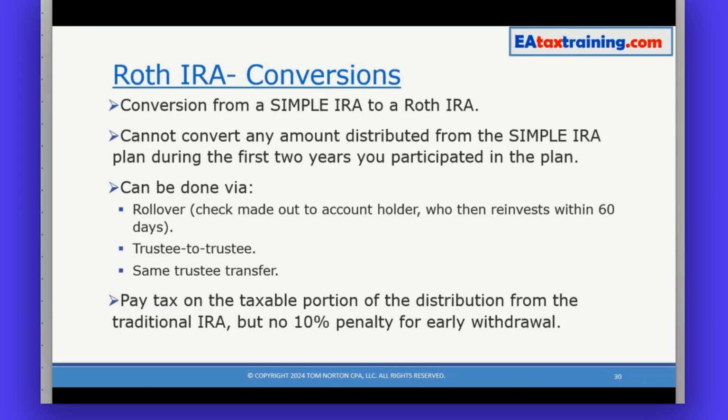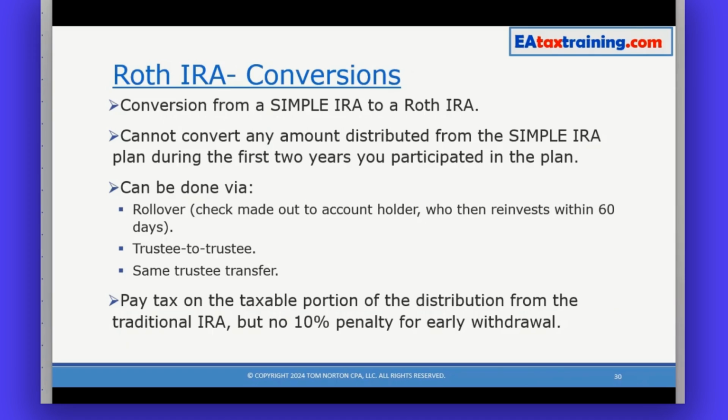You can also do a conversion from a SIMPLE IRA to a Roth IRA. Remember, a SIMPLE IRA is this employer plan that we're going to talk more about in part 2. But for part 1, just know that if you had a SIMPLE IRA, you can roll over the money into a Roth IRA.